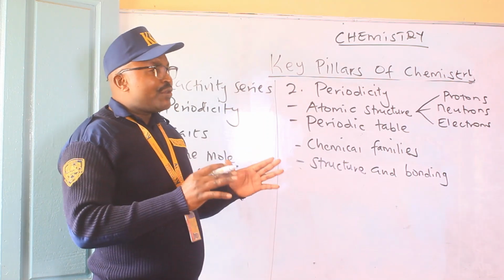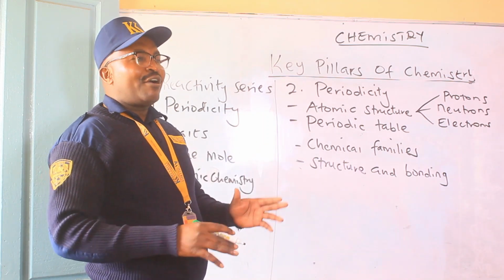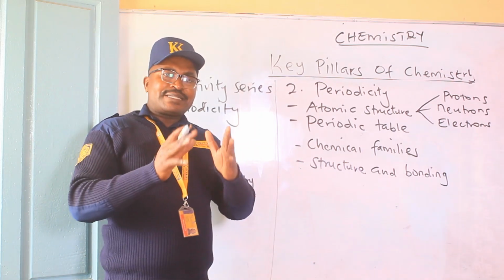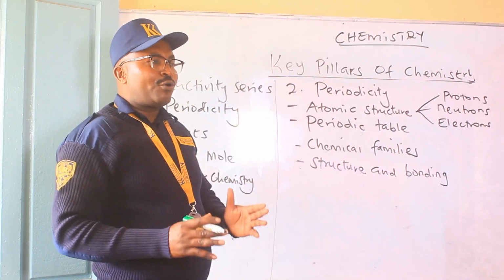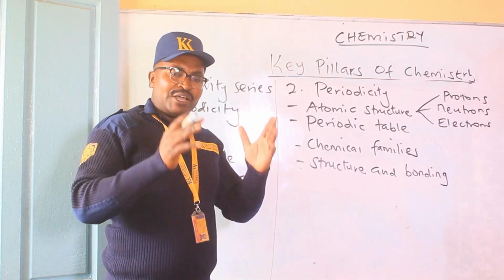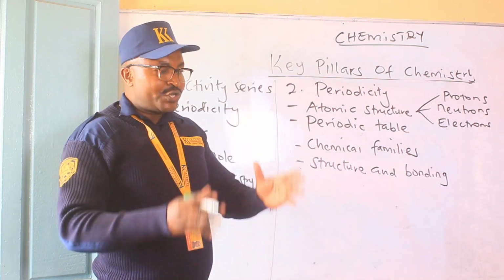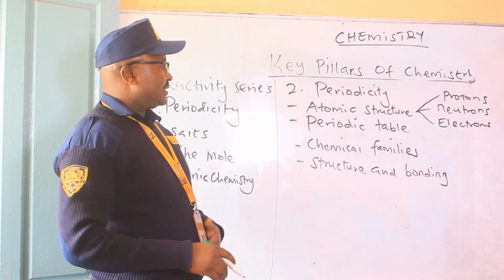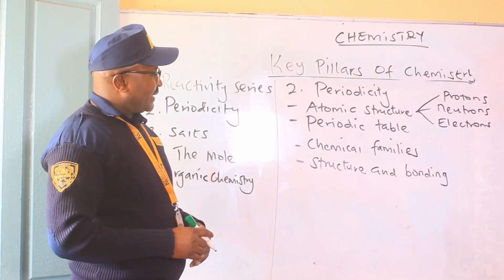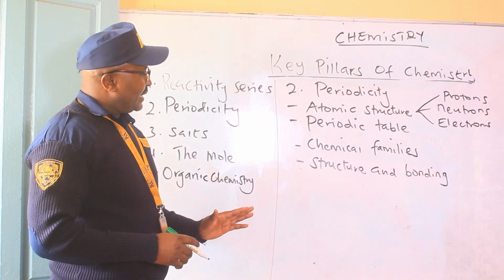And when you're able to write down the chemical formula of that compound, this basically will help you to write a chemical equation which is well balanced with state symbols. So that is basically the chemistry of the periodic table.